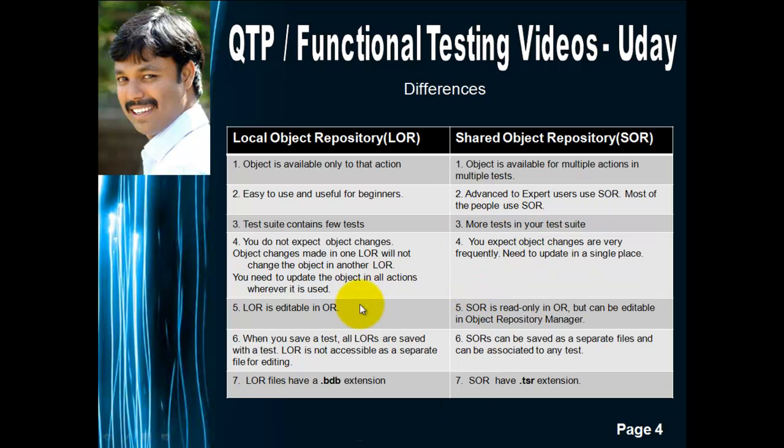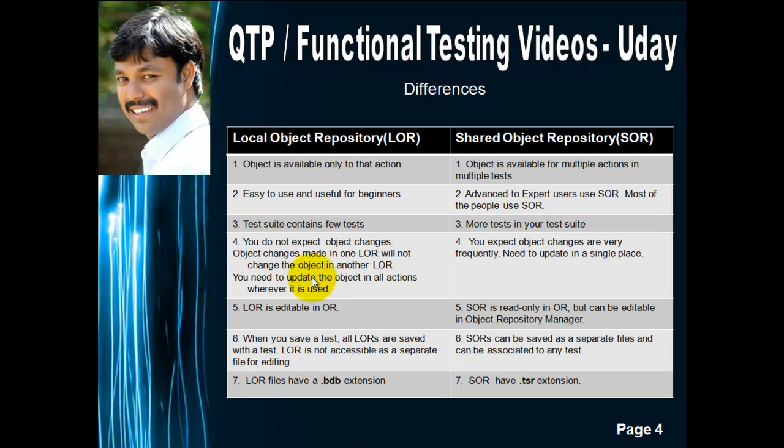The fourth difference is, here I would like to mention one point. In some of the projects, during design time, during the application development itself, there is a mutual understanding between the developers and testers, where they give all the object identification while developing itself.